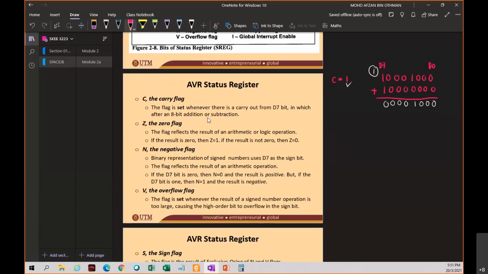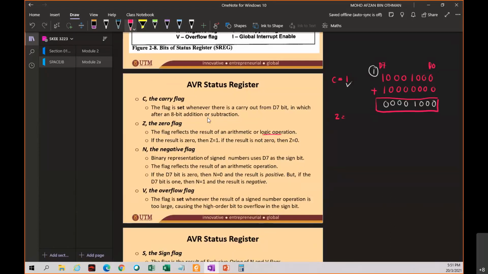While for the Z flag, the flag reflects the result of an arithmetic or logic operation. If the result is 0, then Z equals 1. If the result is not 0, then Z equals 0. So you do this addition here and then you get this result.